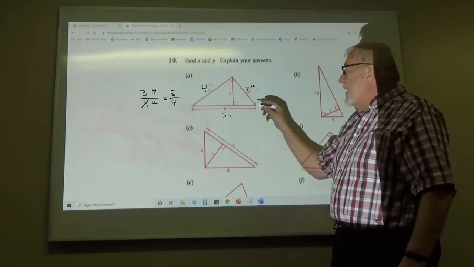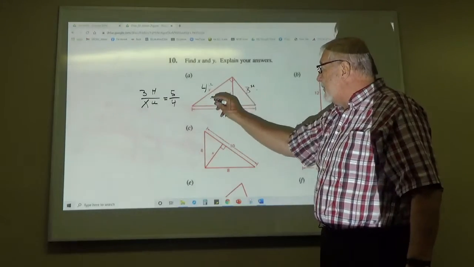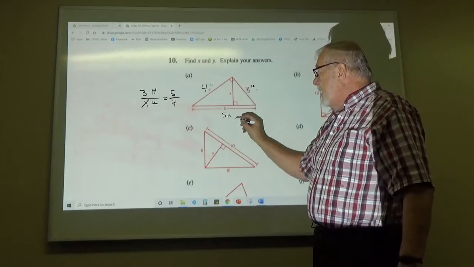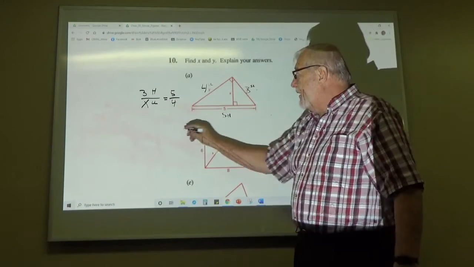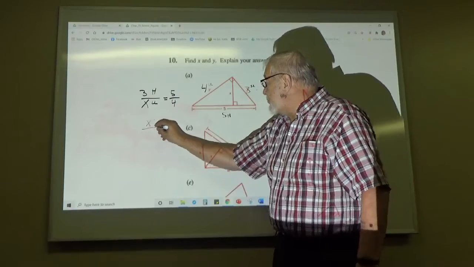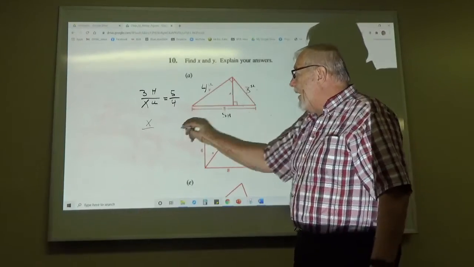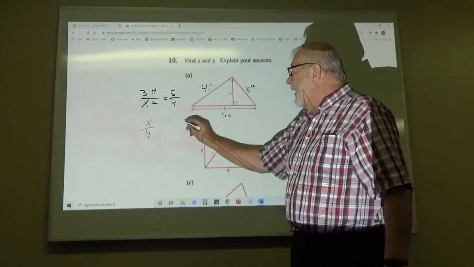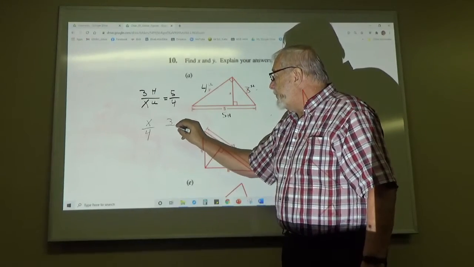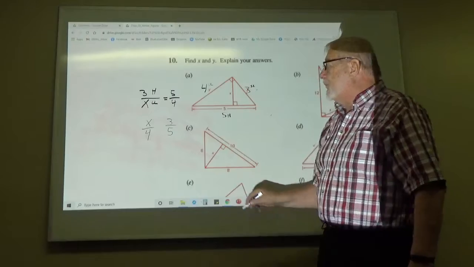Now, had I not chosen that one, if I would have chosen this triangle, this is the short leg. And so x is the short leg, and the hypotenuse is 4. And in the big triangle, you have 3 for the short, and the hypotenuse is 4.